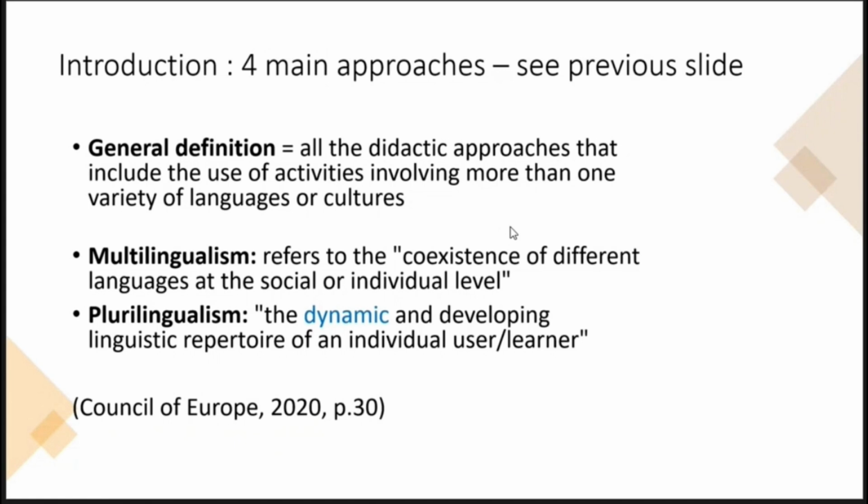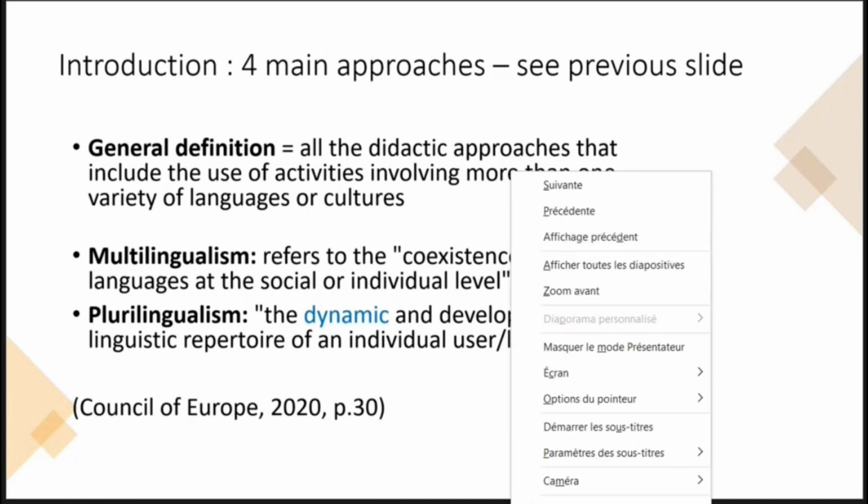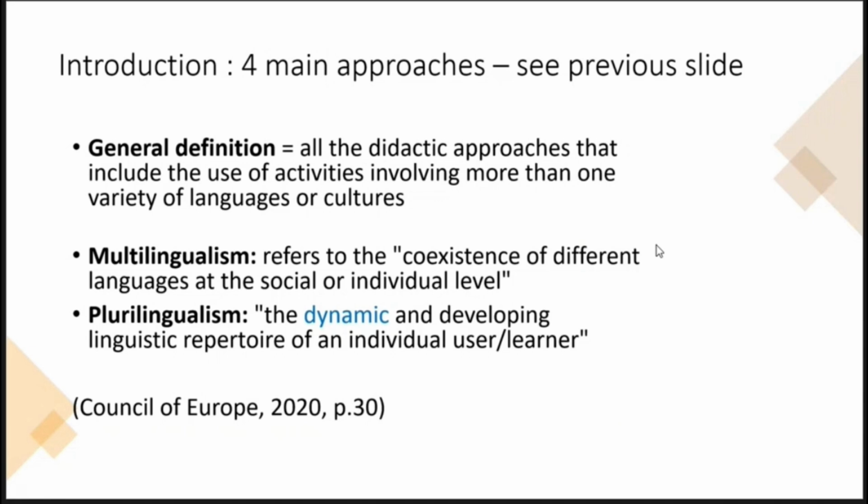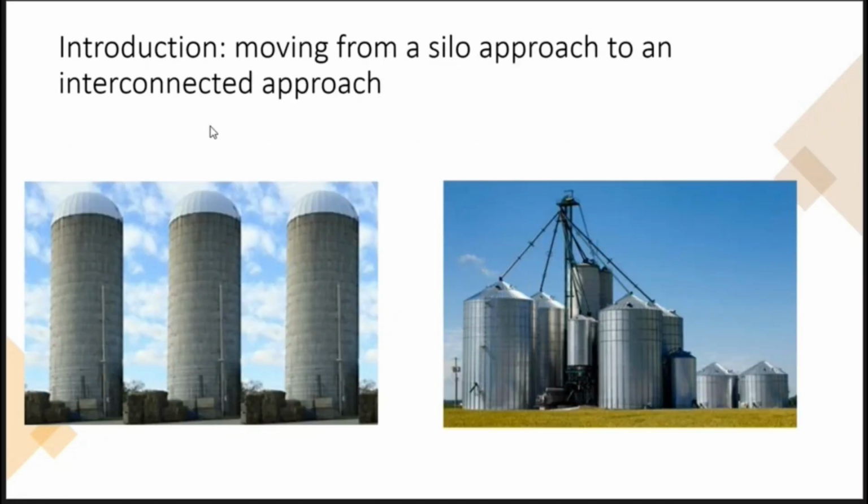Then, perhaps to visualize things, I think this is something that people usually remember pretty well. The plurilingual approaches are really a move from what we could call a silo approach.